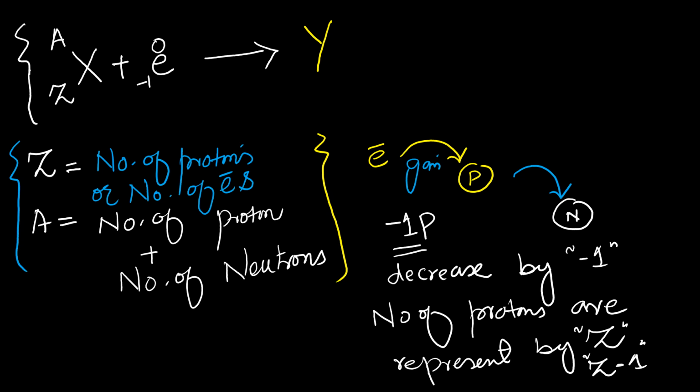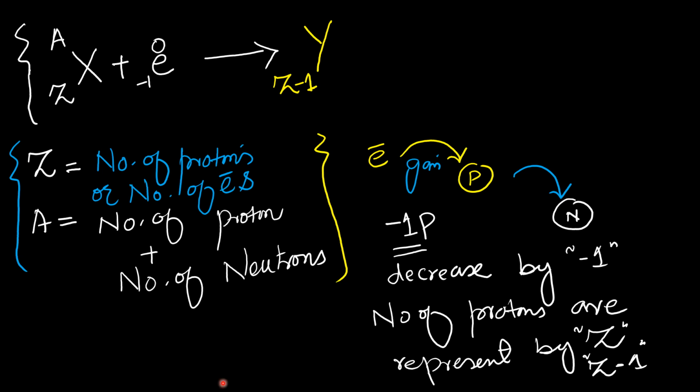So we will write in the daughter nuclei that the atomic number of the daughter atom will be decreased by 1.